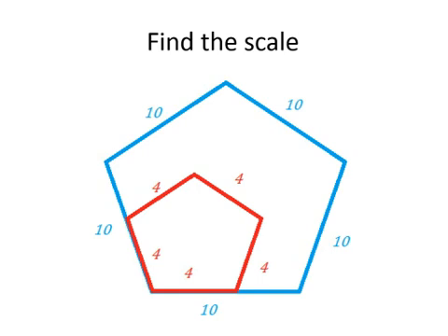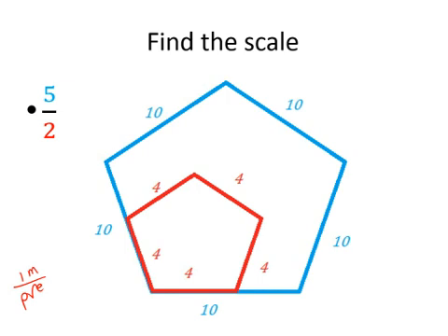It's always image over pre-image: your final divided by what it was originally. Blue has been our image, red's been our pre-image. So we take the length of each side, 10, and divide it by 4. 10 divided by 4 is 5/2, so the scale of our dilation would be 5/2.